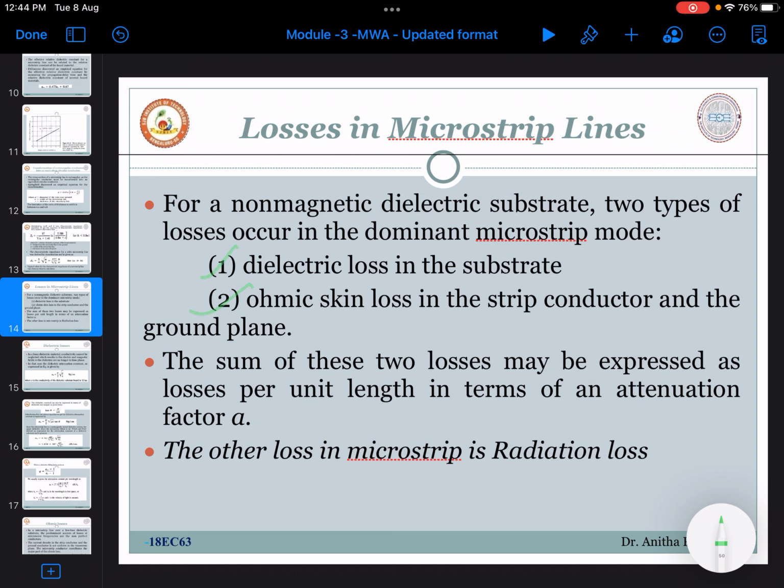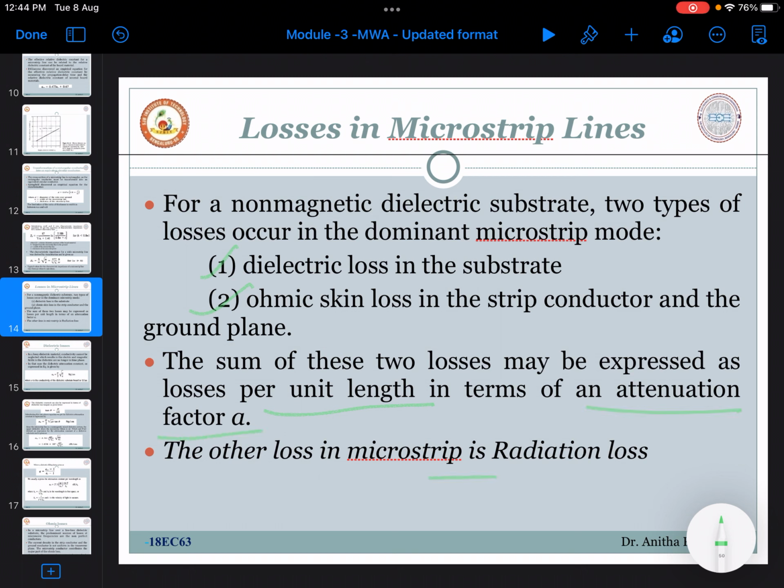Dielectric loss is due to the substrate. Ohmic loss can be either due to the strip conductor or due to the ground plane. These two losses together, usually expressed per unit length, attenuate the signal, so we call it an attenuation factor.